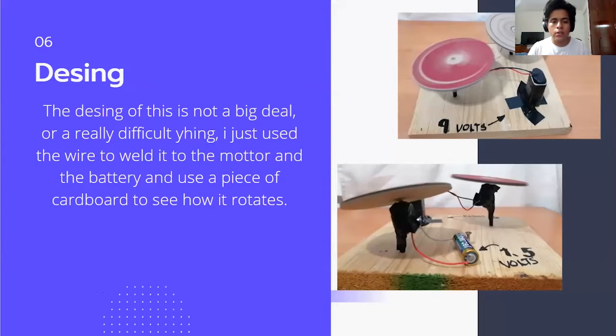Since the motors have nothing plugged in, like a wheel or something like that, I had to improvise with these cardboards. And this is the final result. I put it into a base so that it can stand, and we can see how they were rotating.